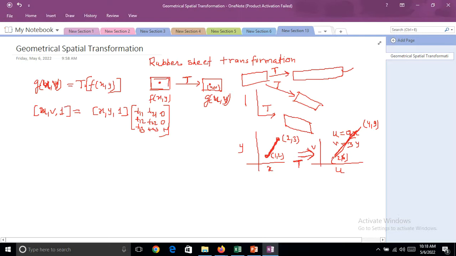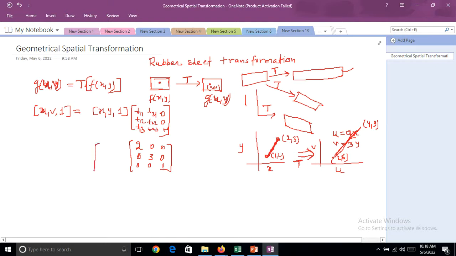Now for this operation, what should our transform be? In x coordinate we want to scale by 2, so 2 0 0. In y direction we want to scale by 3, and the third coordinate will be as it is, the third column.